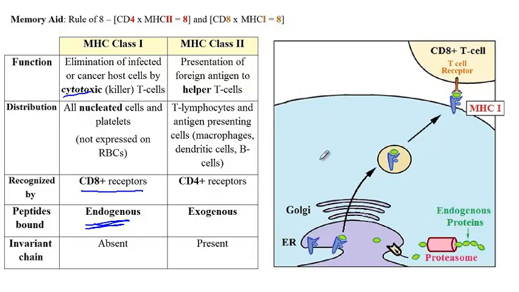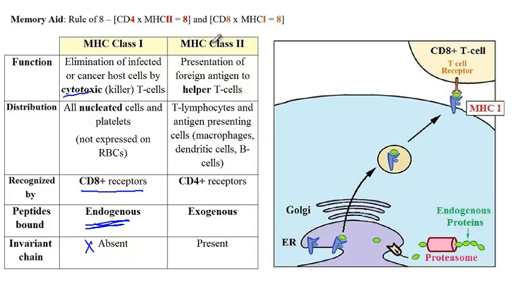So inside, the cell is corrupt and infected. And what is presented on the MHC1 is a warning sign to tell our CD8 positive T cells, the other name for which is killer or cytotoxic T cells, to attack this cell and kill it. And unlike MHC2 that can bind invariant chain, and I will explain later on what it is, the MHC1 molecule doesn't bind the invariant chain. So this was an example of MHC1, how it helps with the recognition of infected cells by cytotoxic T cells. Okay.